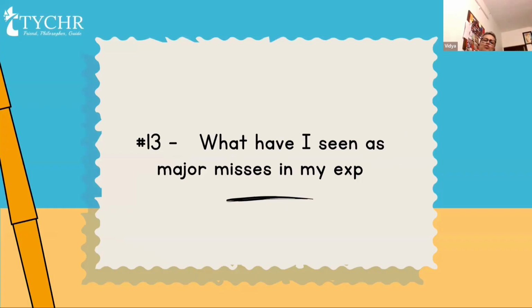I think I have already spoken about what I have seen as major misses in my experience: much more, but not focused and sharp. Please understand, unless you know the topic of the text type well, you will not be able to make a perceptive comment.